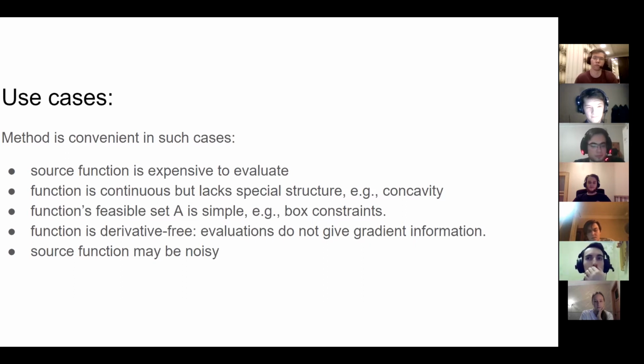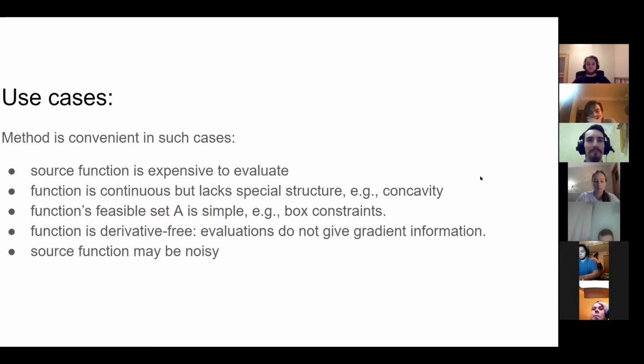Or we have a simple form of a set A, in this example, box constraints. The next is when we cannot evaluate the derivative, and the last is we know about noise in our data.